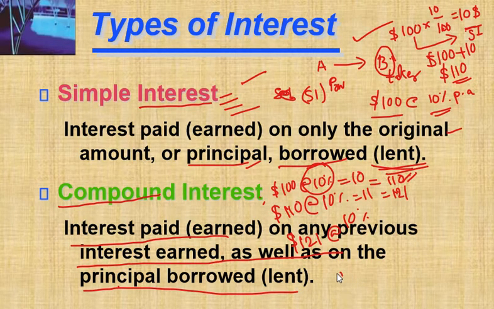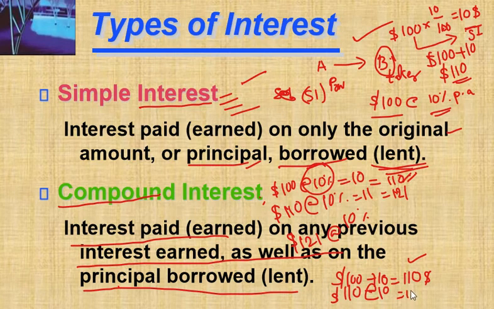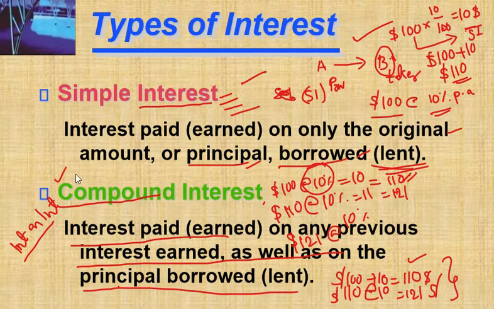See again, this is the principal amount $100 plus interest added, and for next year the interest is calculated on this amount, 110 at the rate of 10%, so this will be 121. Like that, the compound interest is increasing because the interest amount is added back to the principal amount. So simply it is interest on interest. Got it? Interest on interest. That is the reason we are calling it compounded interest.